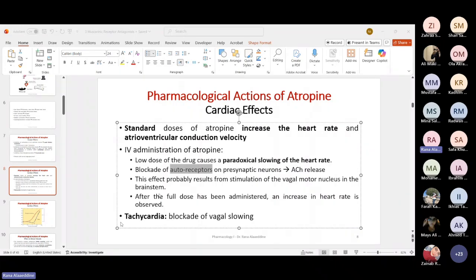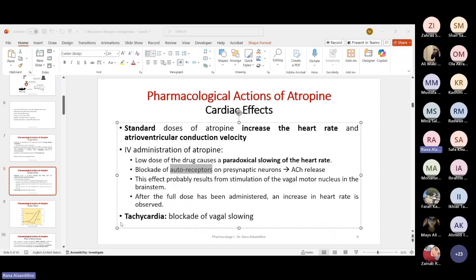Autoreceptors are the receptors responsible for the inhibition of the signal. We mentioned it was like the brakes of the car. When I activate them, they stop the release of acetylcholine in this case. So if I block this brake, what's going to happen to acetylcholine?